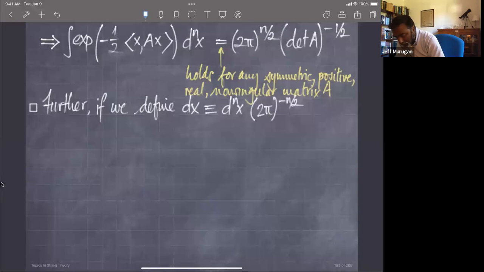In other words, we take this factor of 2 pi to the n over 2 on this side and combine it with the dnx and just call that dx. Then we find that the integral of e to the minus 1/2.